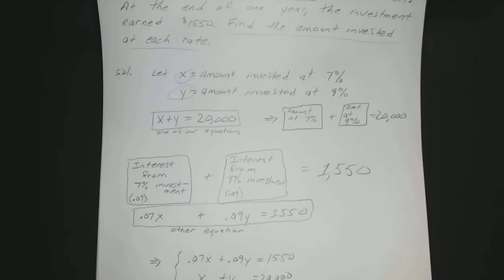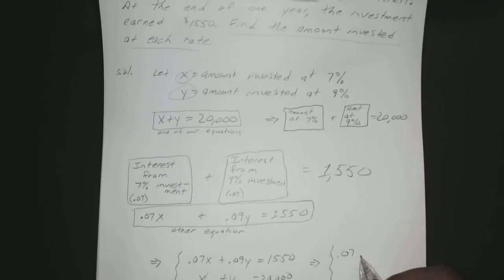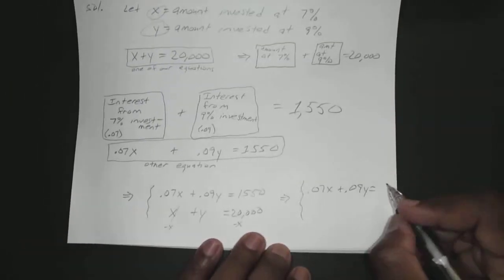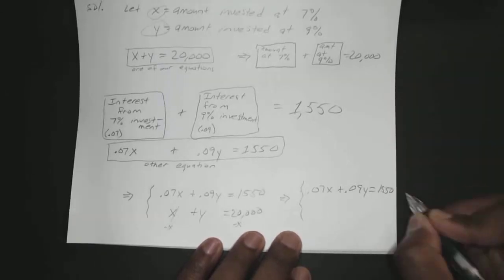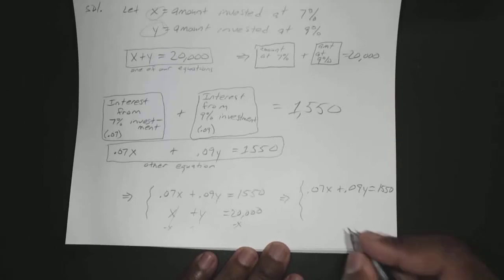So if we subtract x from both sides of the second one, you now have the system 0.07x plus 0.09y equals 1,550, and y equals 20,000 minus x.